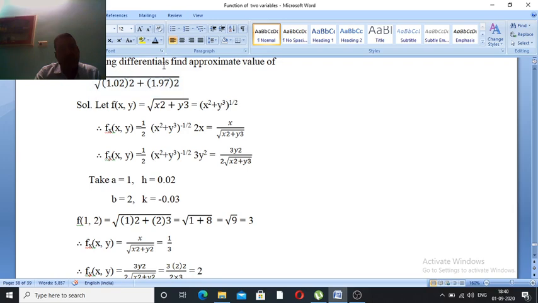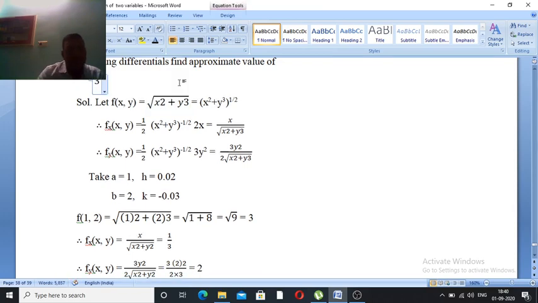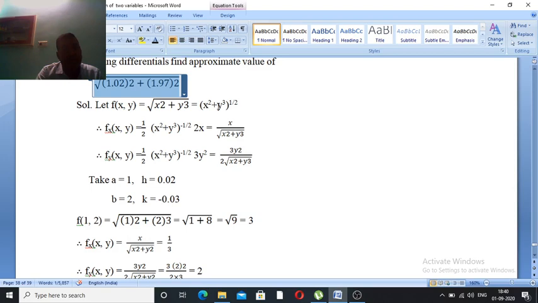Using the nature of this example, we define the function f(x,y) is equal to under root of x square plus y cube, that is (x square plus y cube) raised to 1 half.